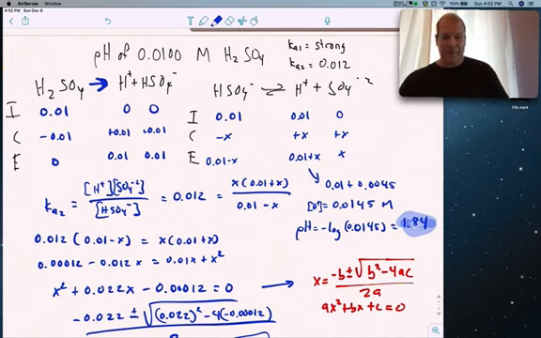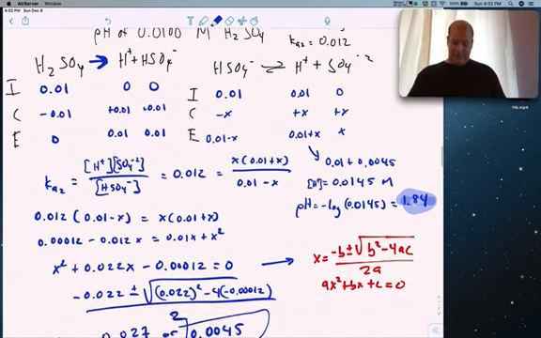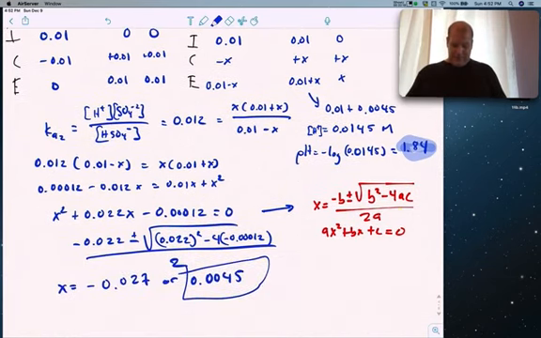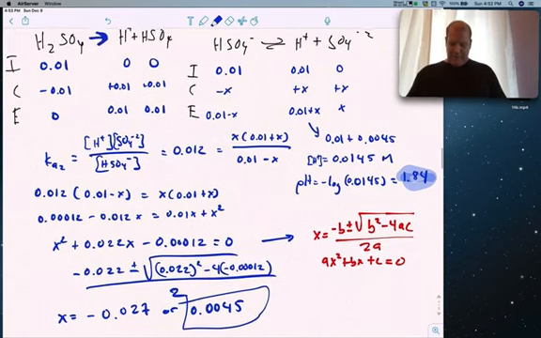And then we put in the equilibrium expression. So 0.012, the Ka for the second dissociation constant, is equal to x times the quantity 0.01 plus x over the quantity 0.01 minus x. So we have to set that up for the quadratic equation, use the quadratic formula to solve for it. Or if you have a calculator that can do this for you, then geez, go ahead. This is a pain in the butt. We get two answers, pick the one that makes sense, and then we plug that answer in.